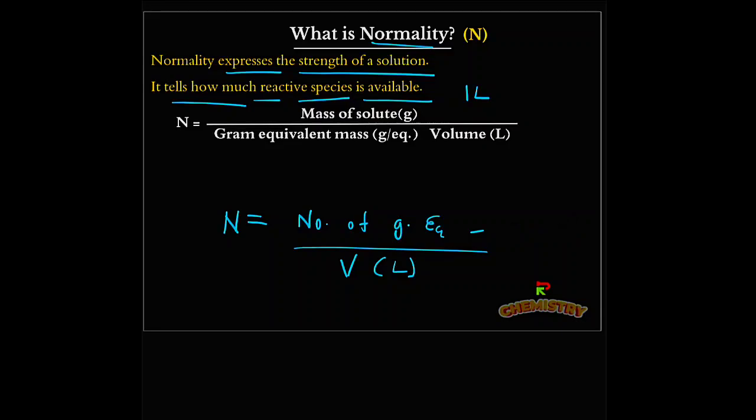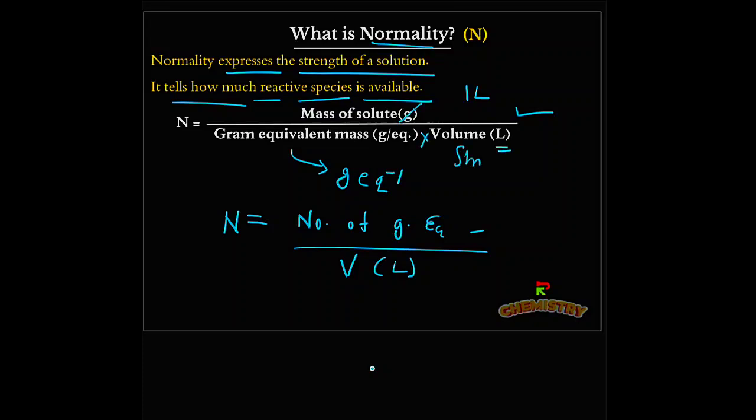So basically we are dividing the mass of solute, which is in grams, by the gram equivalent mass. The unit of gram equivalent mass is gram per equivalent, into the volume of solution, which is in liters.